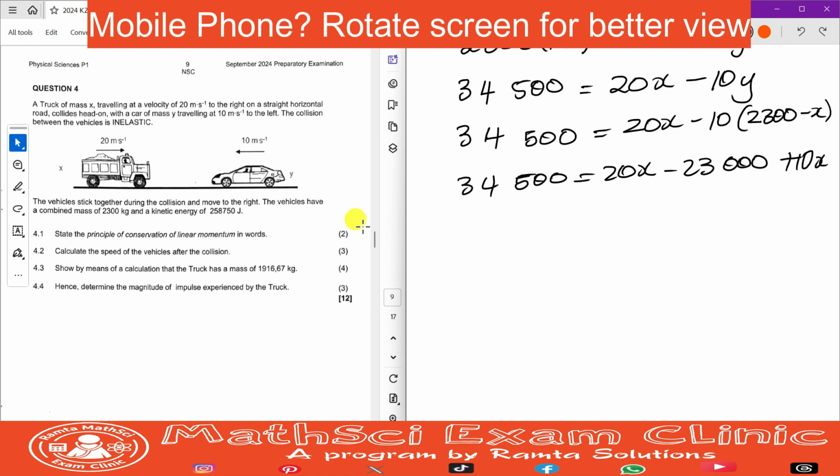Now let's see. 34,500 plus 23,000 will be 57,500. So 57,500 equals 30x.